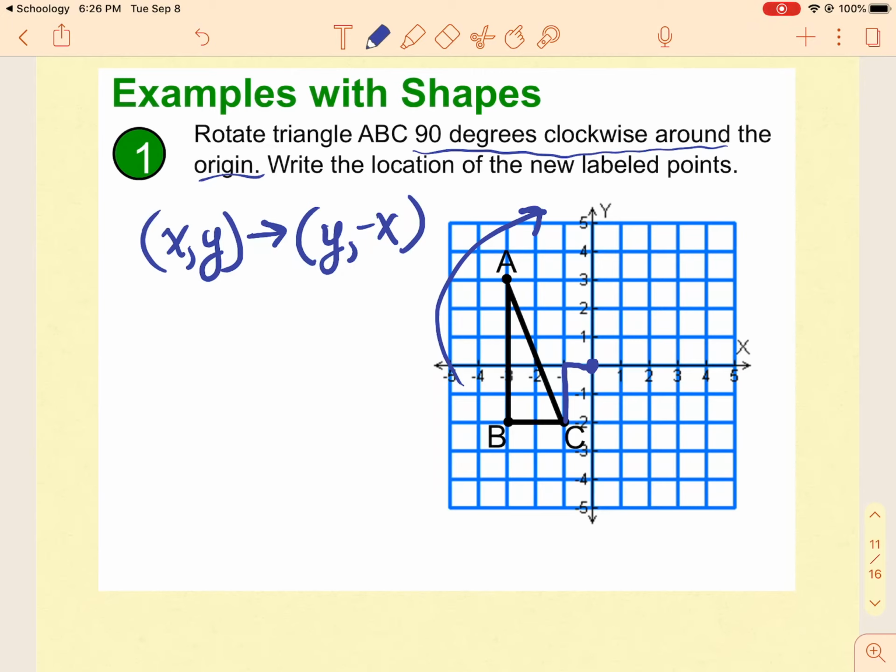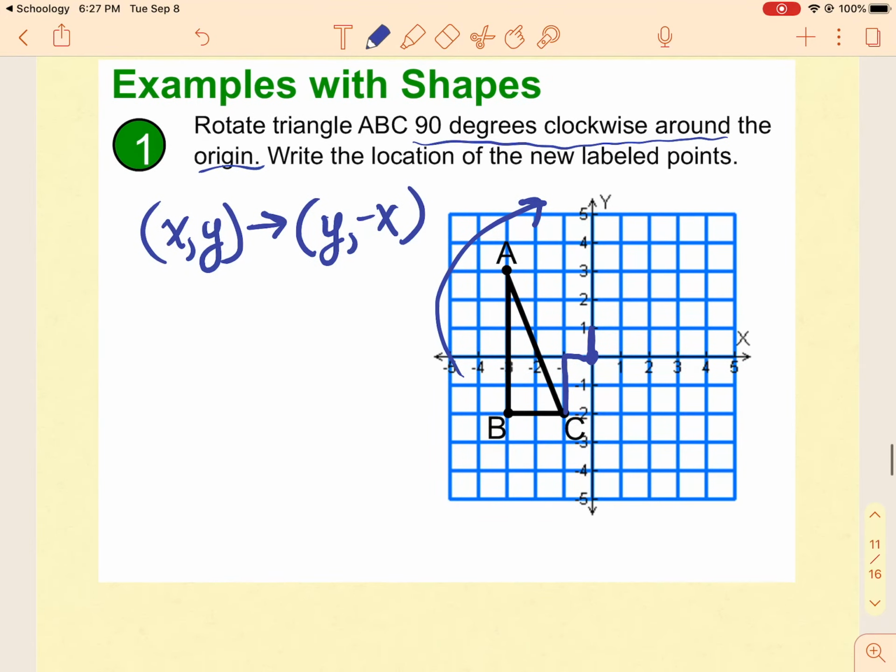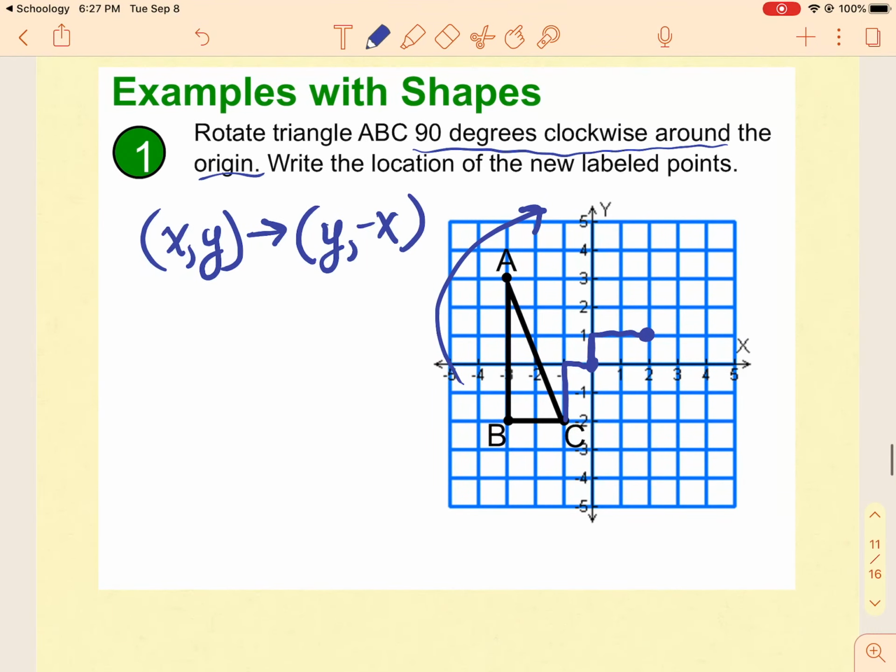So instead of going 2 vertical, I'm going 2 horizontal. Actually, I would do the 1 vertical to go with the 1 horizontal, and then 2 horizontal to match up with the 2 vertical. C prime ends up right there.